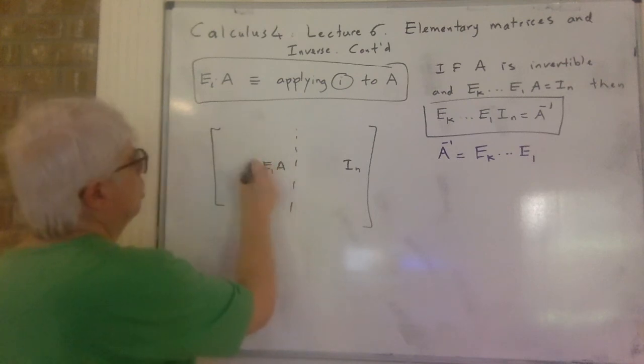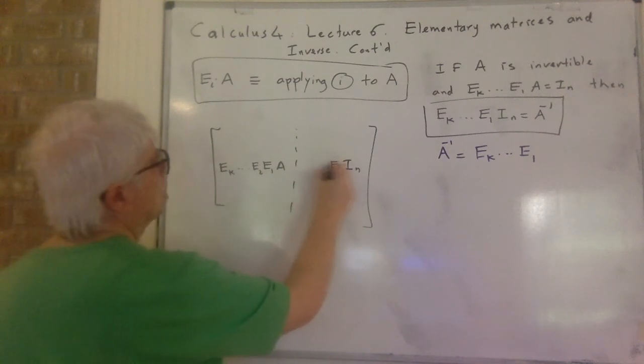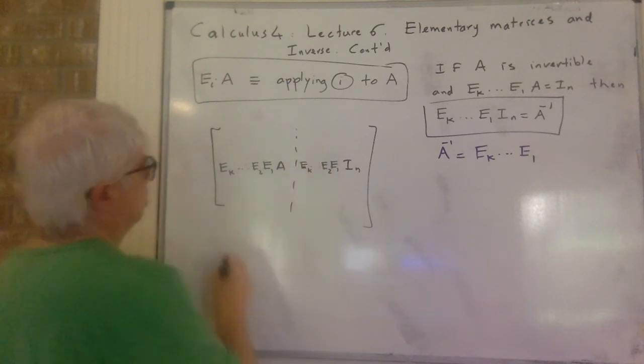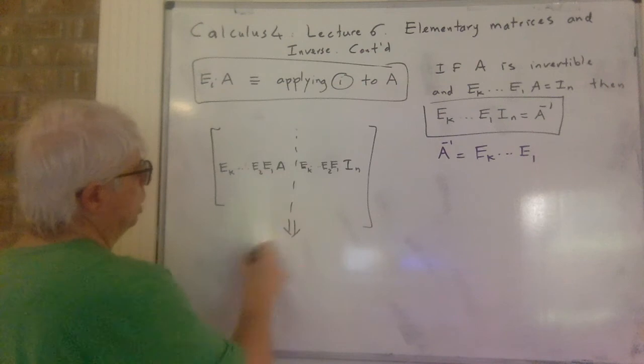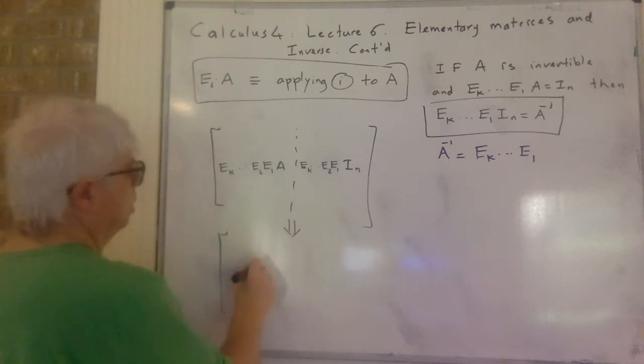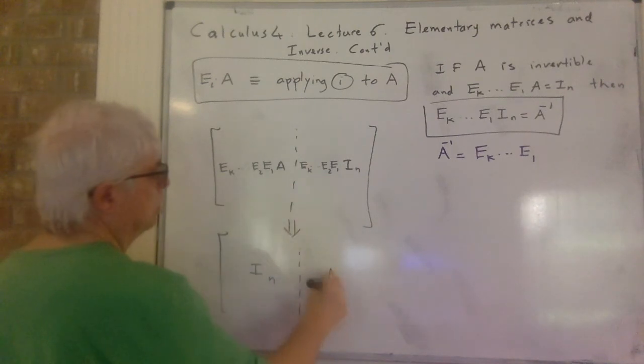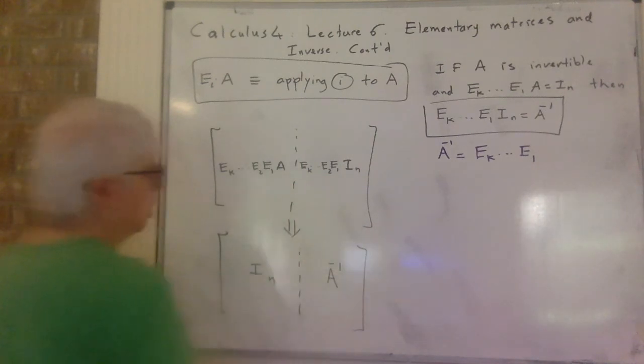So E1, E2, EK. And do the same thing here. What happens? What do I get? If A is invertible, I will get IN here, and I will get A inverse here. Okay?